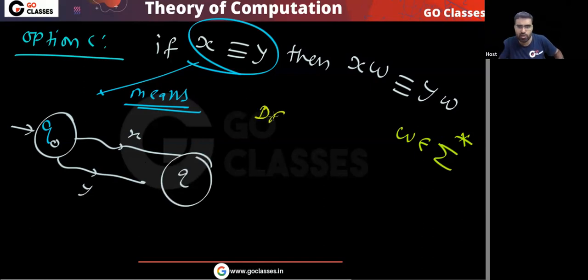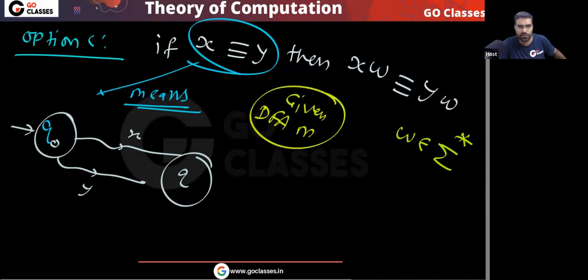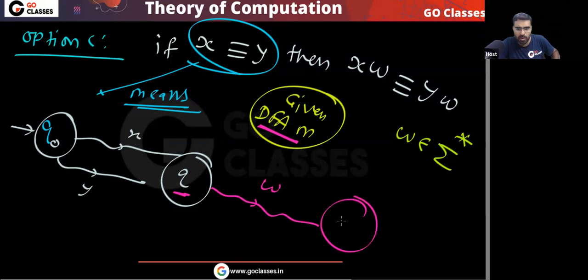Remember, we are talking about DFA. Some DFA is given to you. So on X, on Y, you are going to the same state. Now this state Q will go to some state on W. Yes or no?